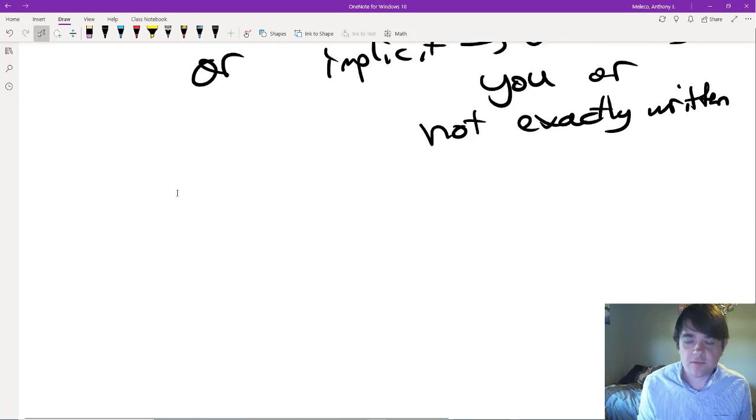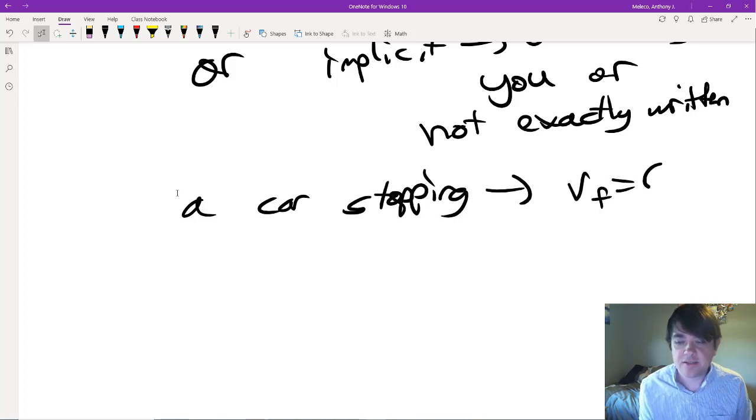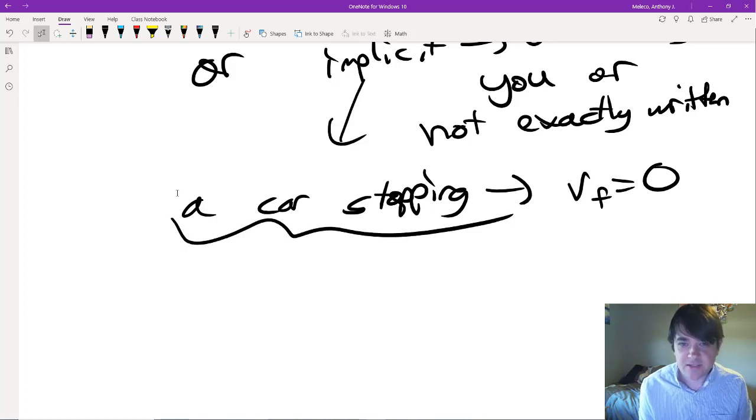So what I mean by this is you'll define something, maybe your initial position, you'll define that at 0, right? And so that value would then be 0. Or it can be something where it's not exactly written, like a car stopping. A car stopping would mean that your final velocity is 0, right? So it doesn't straight up tell you, it's implicit, okay?